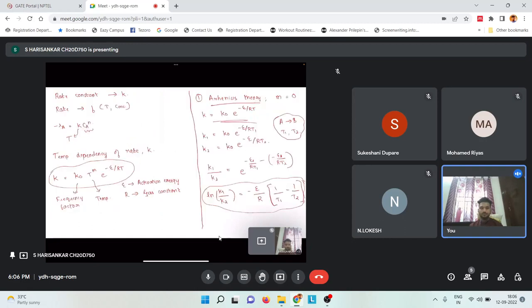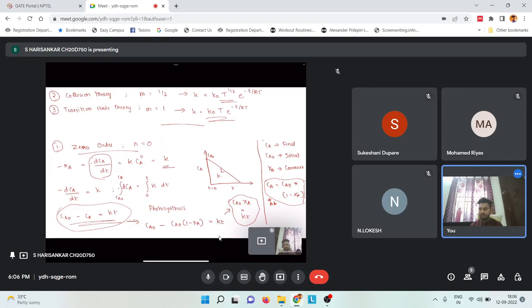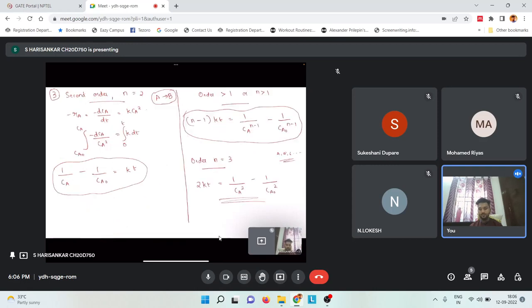And then we looked into the temperature dependency of rate equation. So we looked into the Arrhenius theory, and the other two theories are collision theory and transition state theory. And then we got on with deriving the general equations for rate of reactions for zero order, first order, second order, and so on.